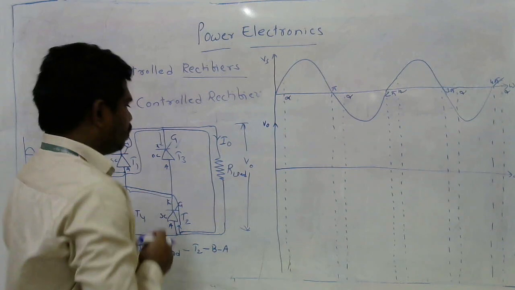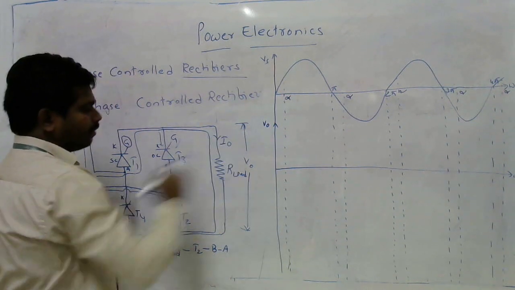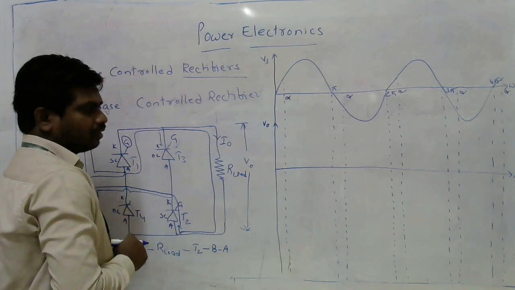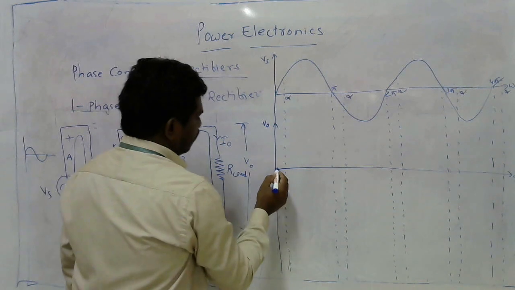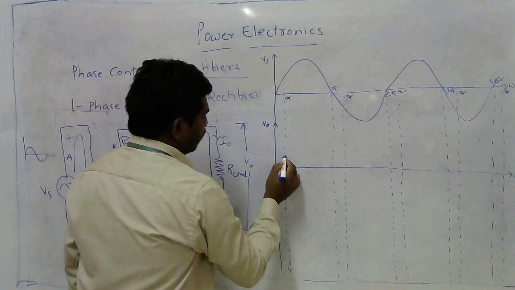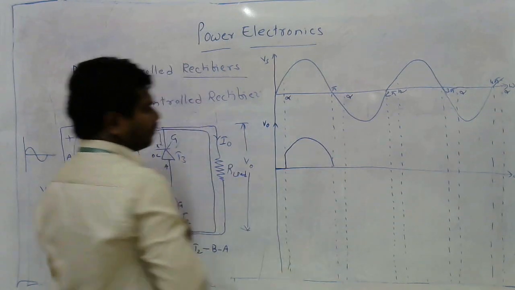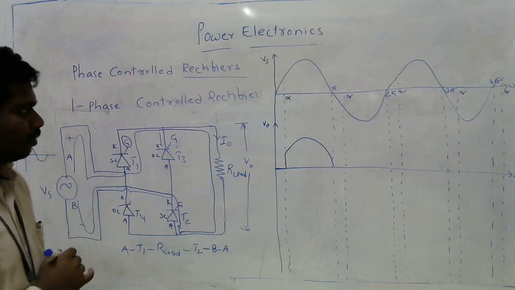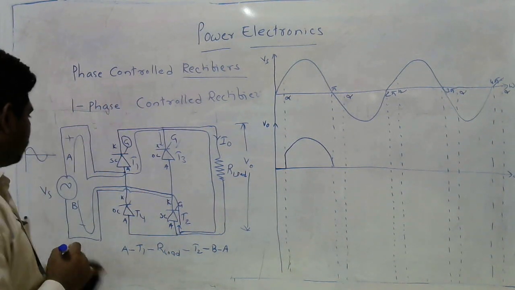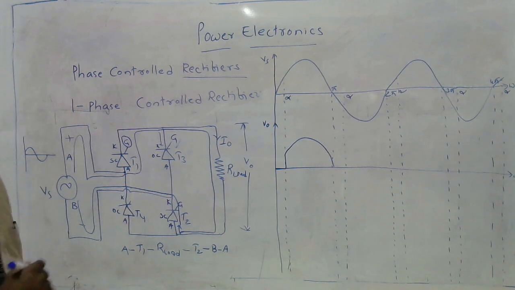Whenever the current flows, only then there exists a potential difference. Thereby, we can say after the alpha angle only we are getting the output. Then after pi we are getting the negative half cycle.